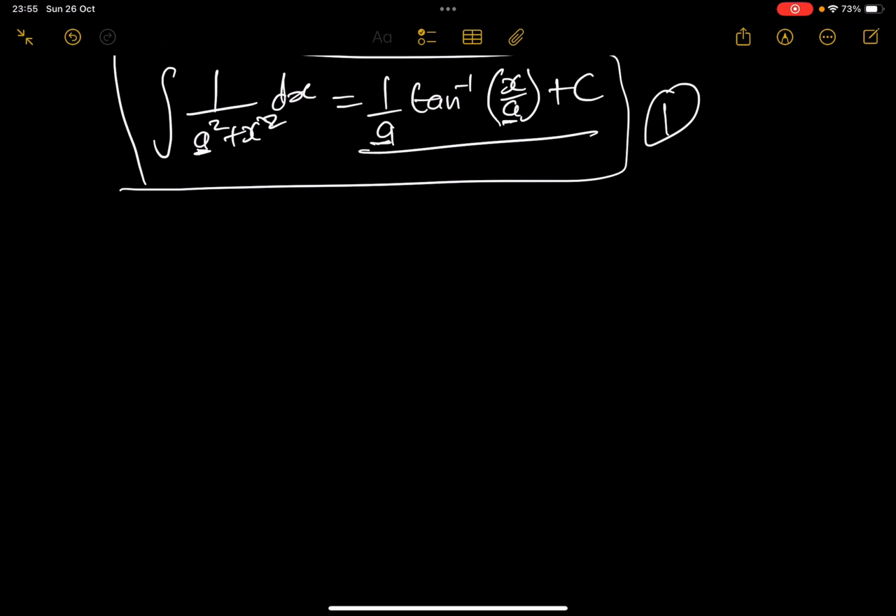Now I'm going to do the ones for hyperbolics, where we substitute using hyperbolics.